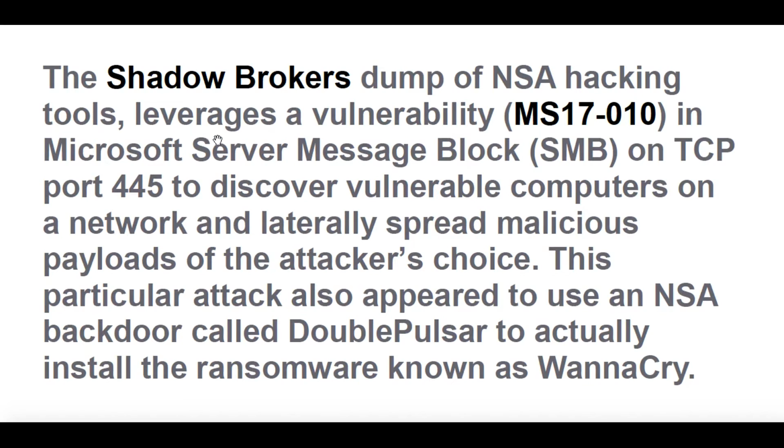With the help of that tool they misused one vulnerability present in the Windows operating system, named MS17-010, which is linked with Microsoft Server Message Block. Through this vulnerability the attacker targets TCP, that is Transmission Control Protocol, port number 445. Through this particular port they attack your system.